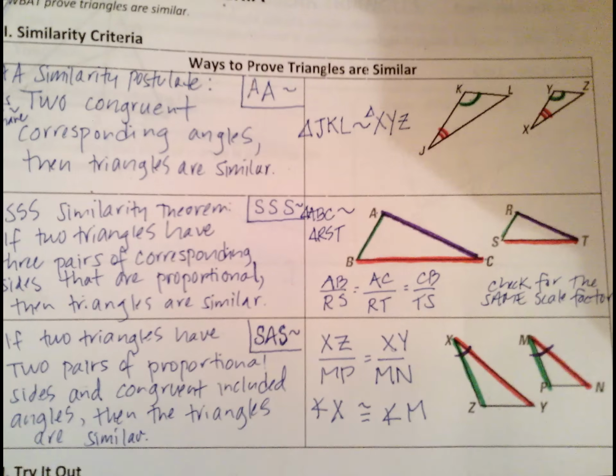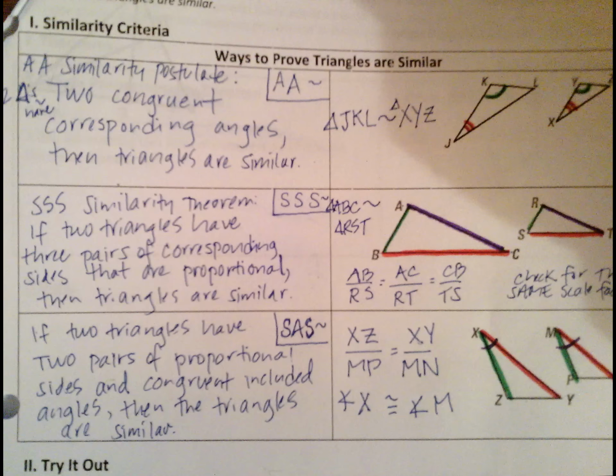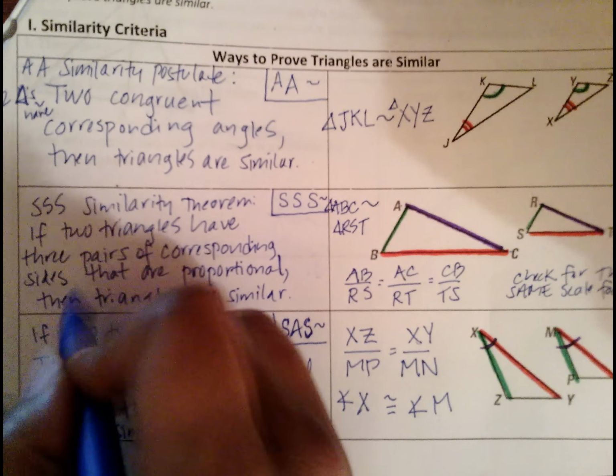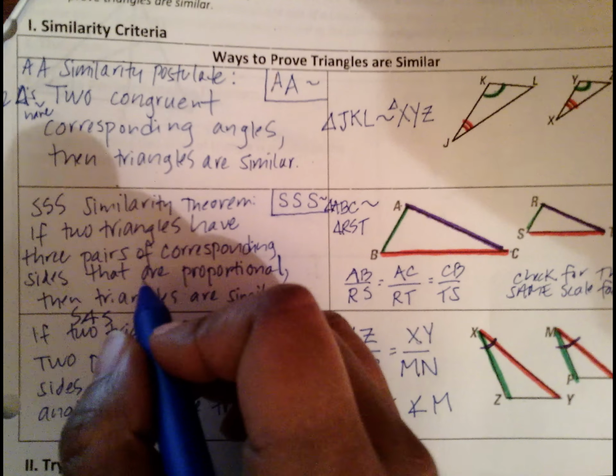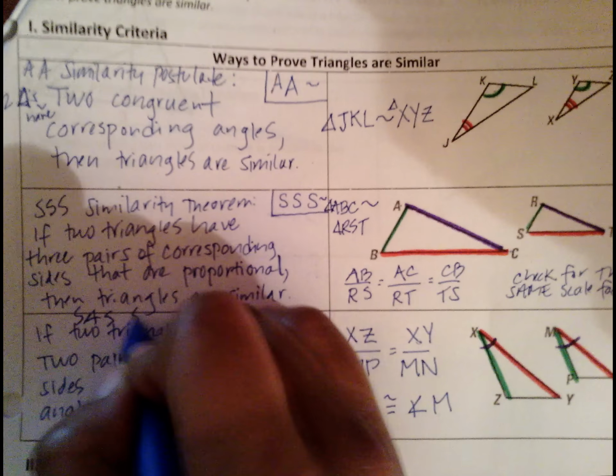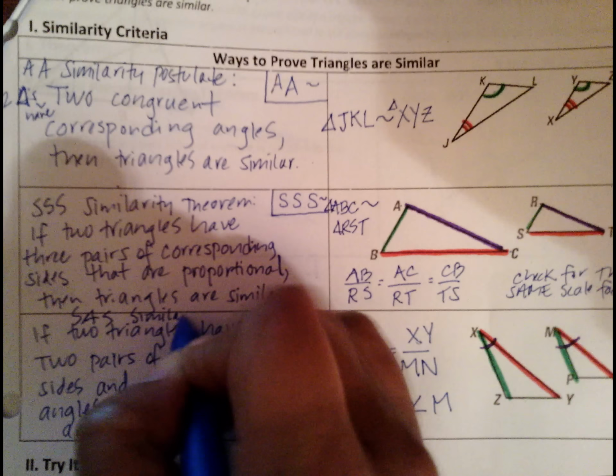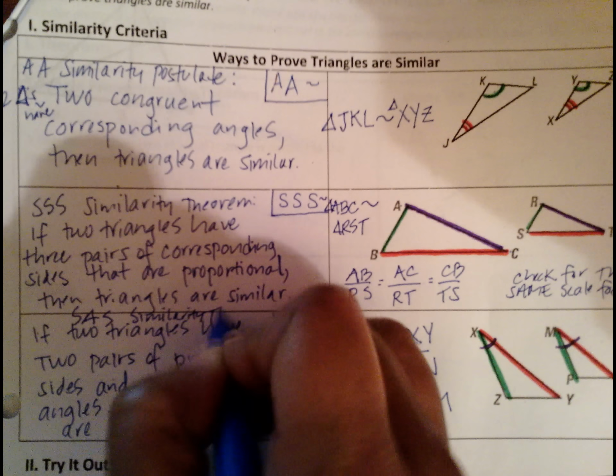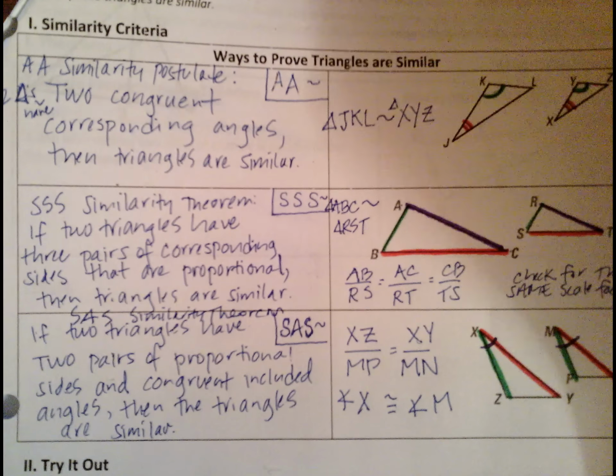All right, finally, the third theorem or postulate, which I should have written up here, is the SAS, or side angle side similarity postulate or theorem. I'll write theorem. It says if two triangles have two pairs of proportional sides and congruent included angles, then the triangles are similar.